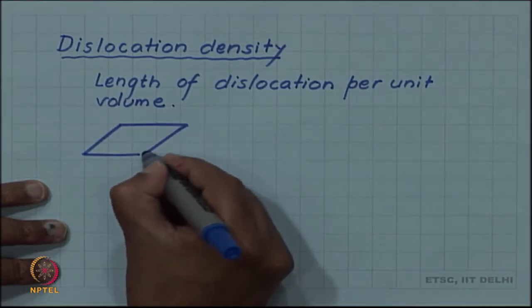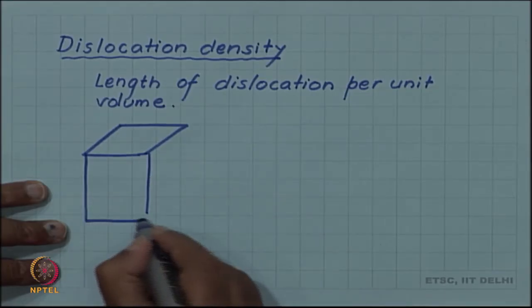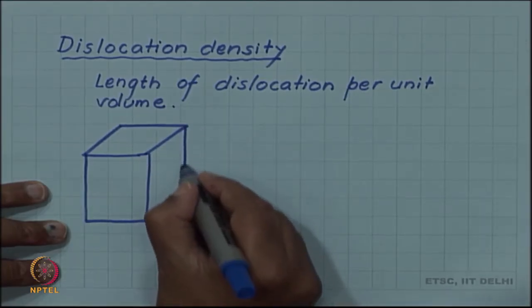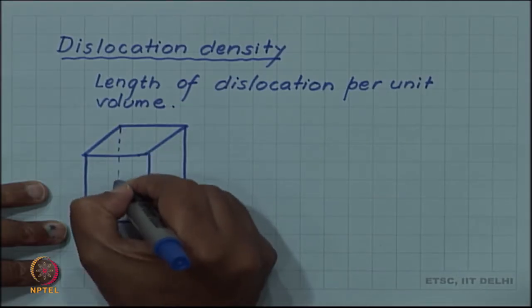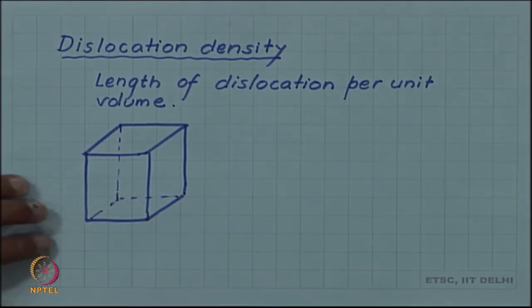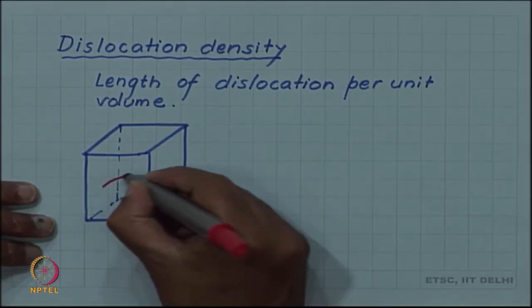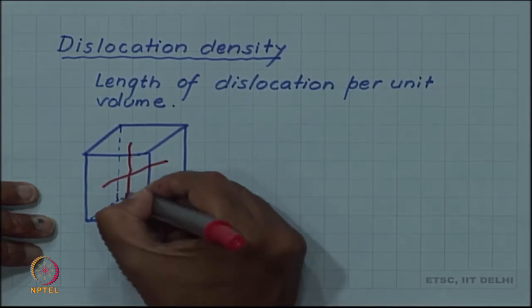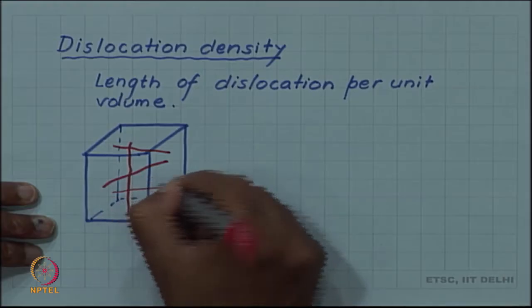You can think of a block of material, and when we were discussing dislocation theory, we were usually discussing single dislocations, but in reality in one crystal there may be many dislocations and they may be in various orientations and in various directions.